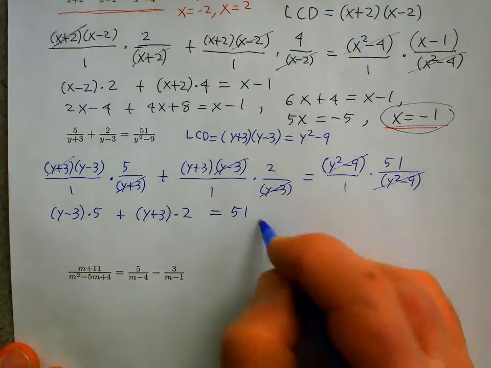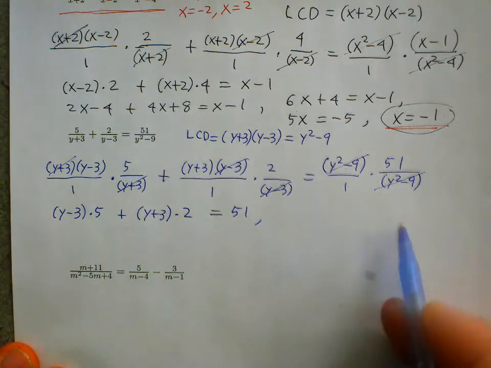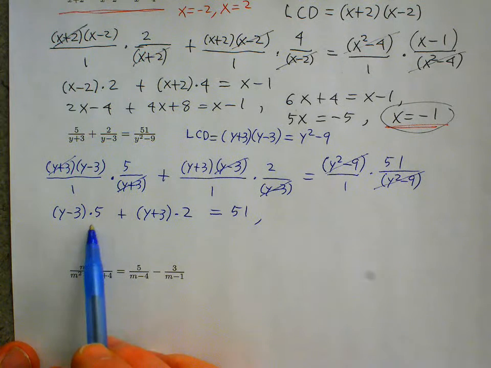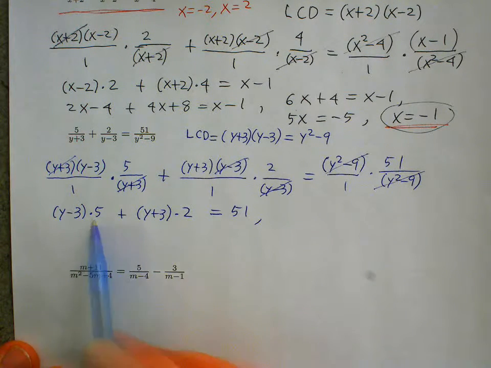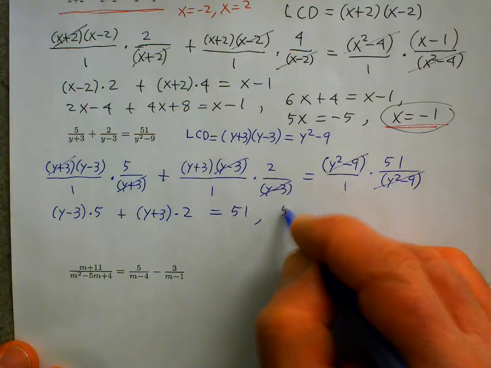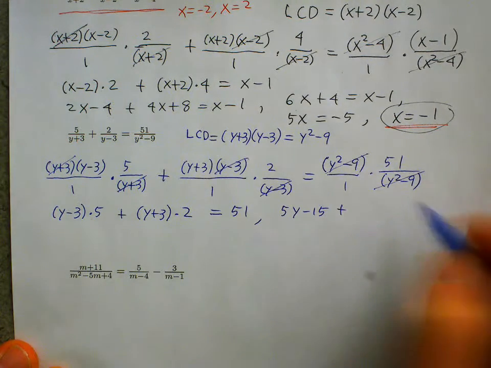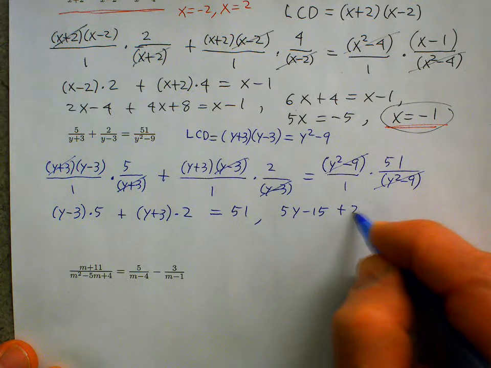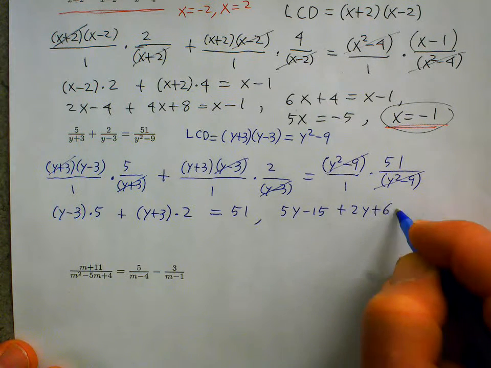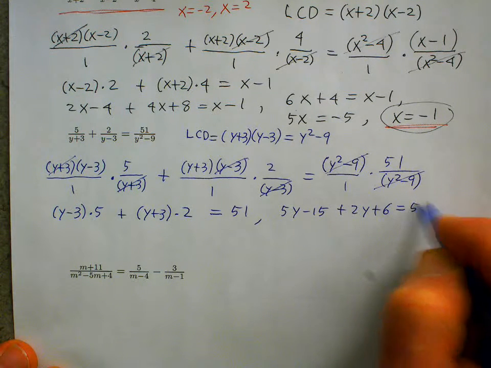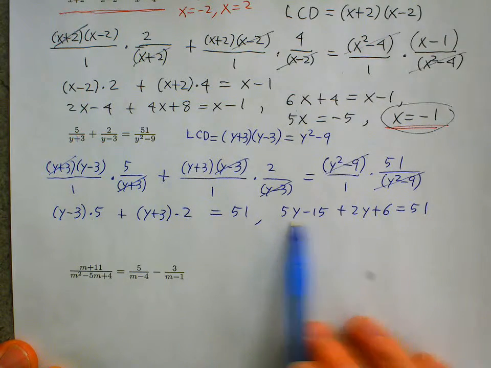Okay, then solve this equation for y. We distribute multiplication. Y minus 3 times 5 is 5y minus 15, and then plus 2y plus 6 equals 51. Combine like terms.